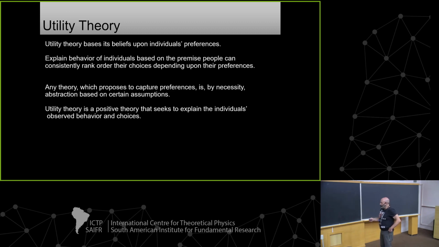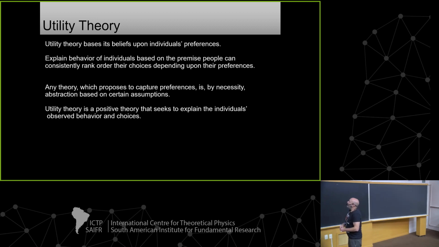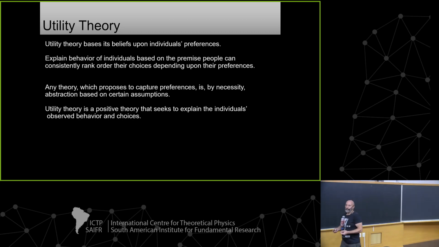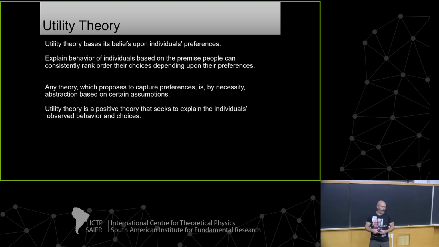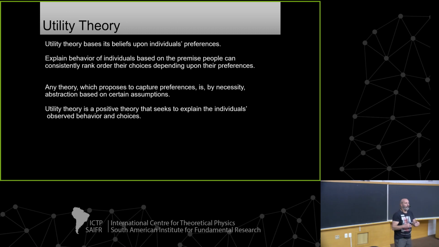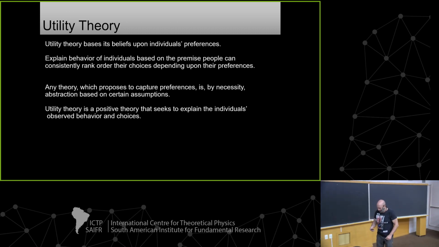So utility theory is a positive theory that seeks to explain the individual's observed behavior and choices. Okay, as I have told you before, there is something that is called utility, something measurable, and this utility is the amount that will let us make a rank of our decisions.